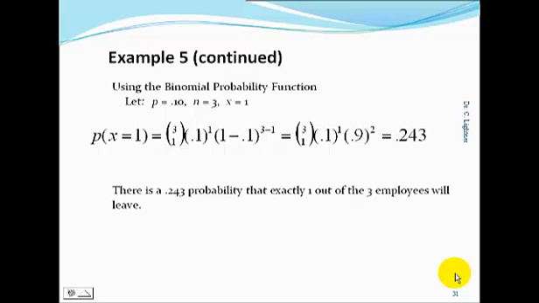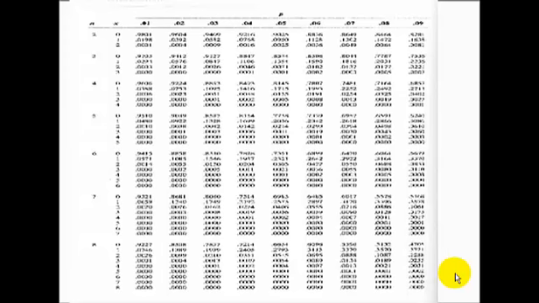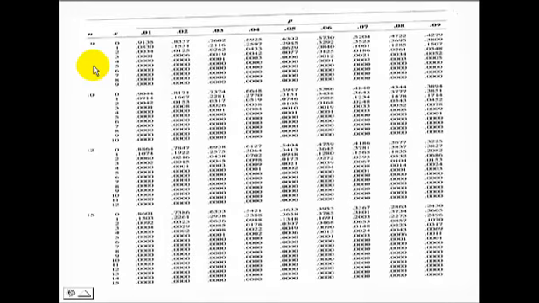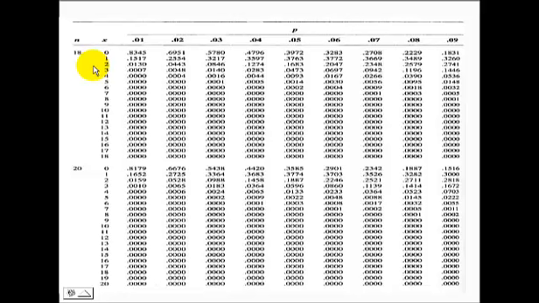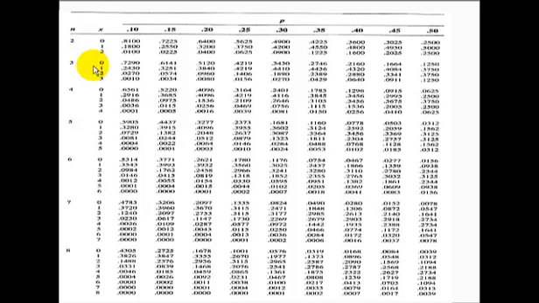If we return to our previous example, our n value was 3 and our p value was 0.1. We should go to the binomial tables to find n equals 3 and p equals 0.1 on the charts. Here we have n equals 3 and p equals 0.1.